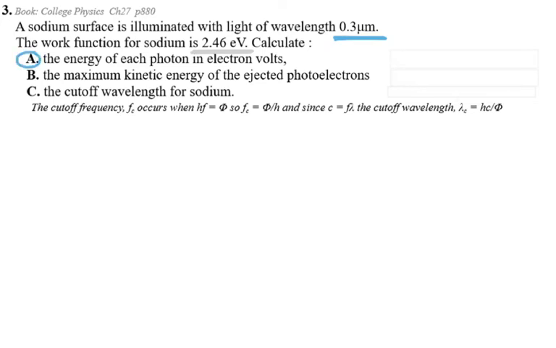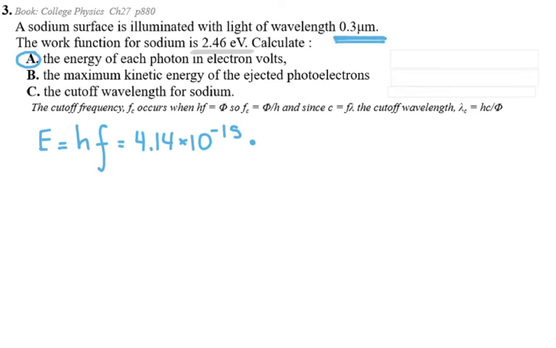So for the first part, the energy of the photon is equal to Planck's constant times the frequency. They ask for electron volts, so I'm going to plug in 4.14 × 10^-15, then times the frequency. The frequency I have to replace with the speed over the wavelength because they give me the wavelength.